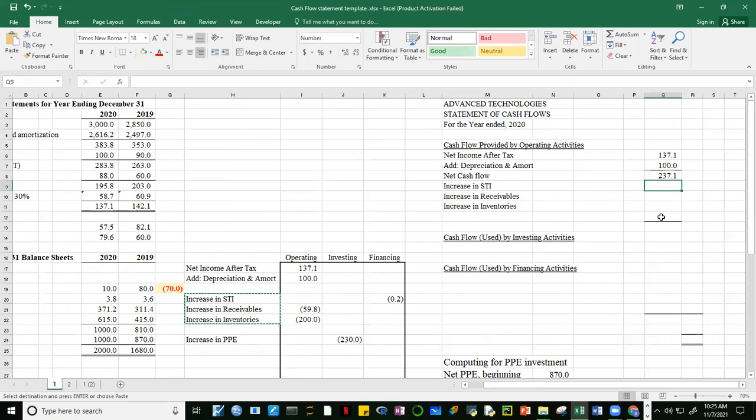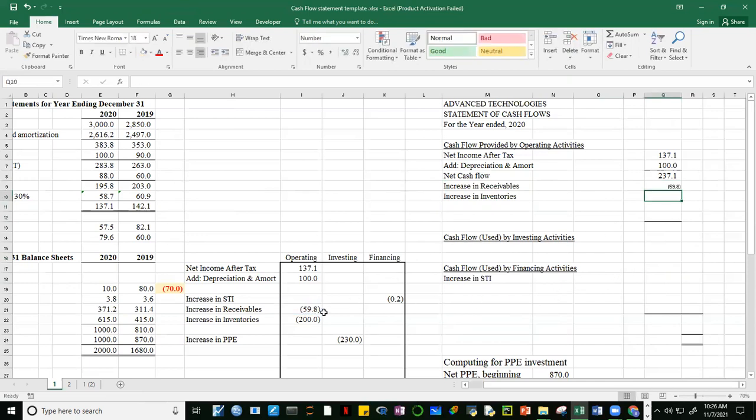So our increase in short-term investments is this one. Oh, sorry. Oh, no, wait. This will be part of financing. Let me put that here. Increase in receivables, that's equal to 59.8.